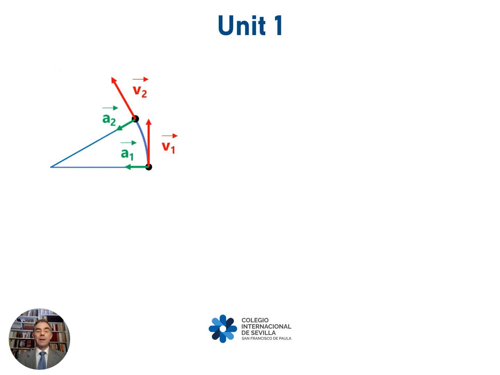Let's have a body that is moving along a circumference. At the given instant 1, it is on point 1, and we can represent v1 as the speed it has, the linear speed it has. A while later, it is at point 2, it has v2, the speed on point 2, as represented in the image.